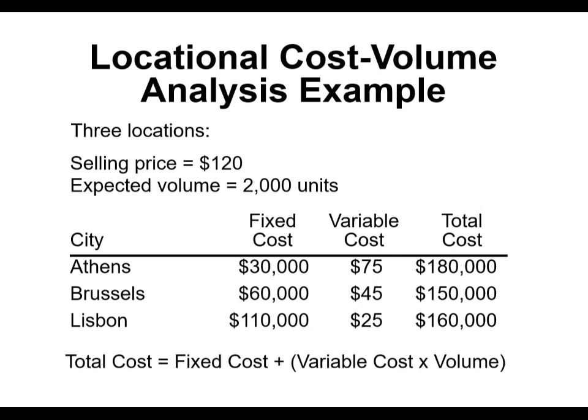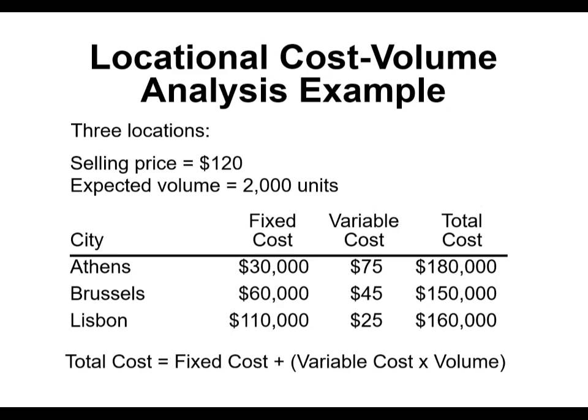And then based on the example that has been given, they want us to decide between these three, Athens, Brussels, and Lisbon. If they want to produce 1,000 units per year, which city is most economical?